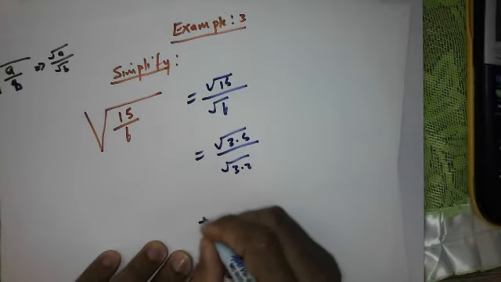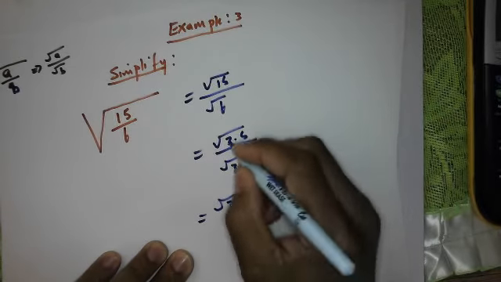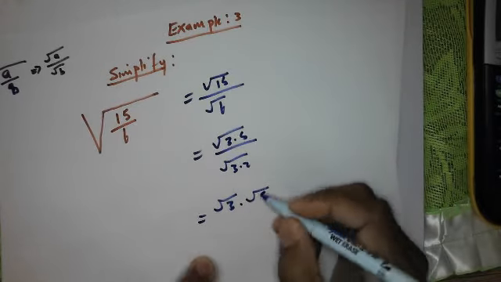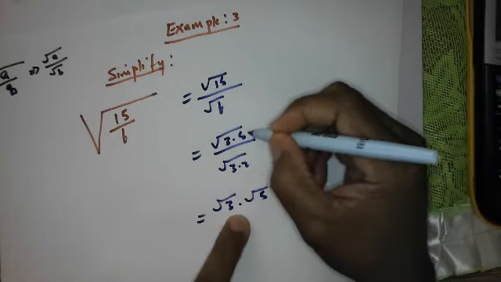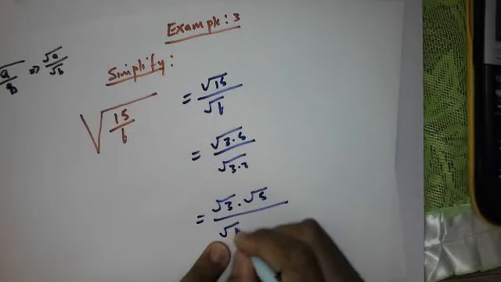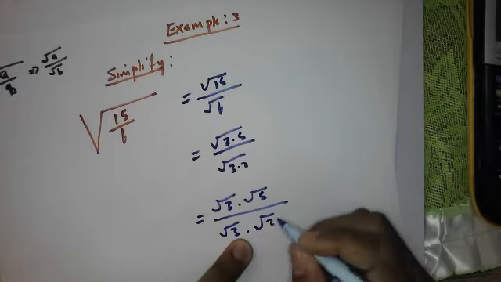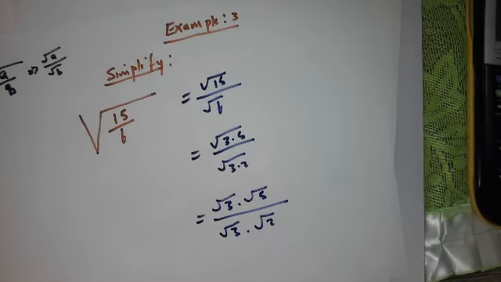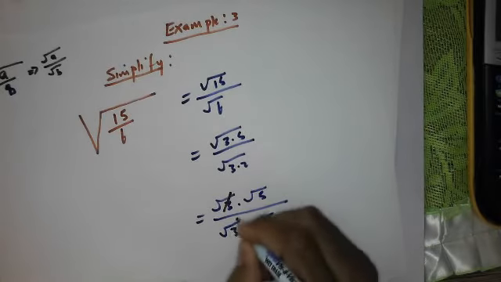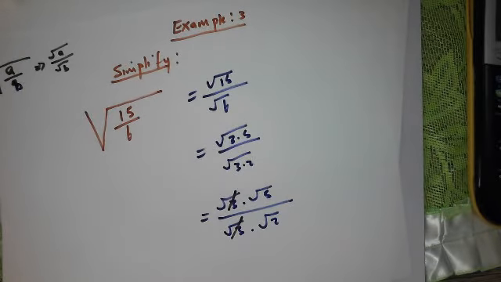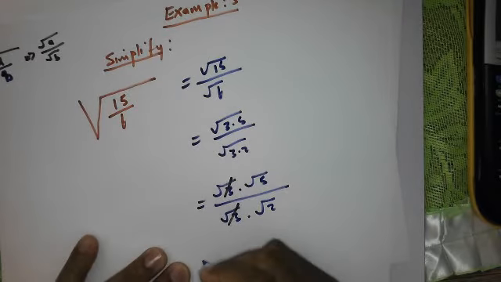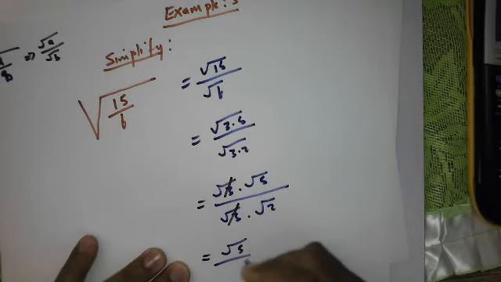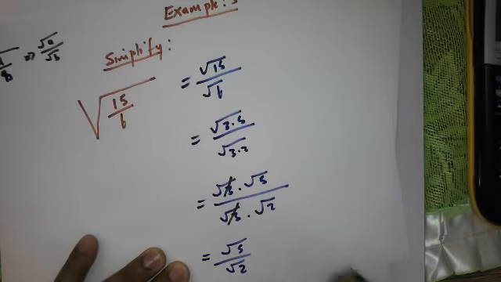So I could rewrite this as the square root of 3 times the square root of 5, this is for the numerator, divided by the square root of 3 times the square root of 2, this is for the denominator. And then clearly we can see that the square root of 3 can cancel the square root of 3 there. So what I would be left with is the square root of 5 over the square root of 2.